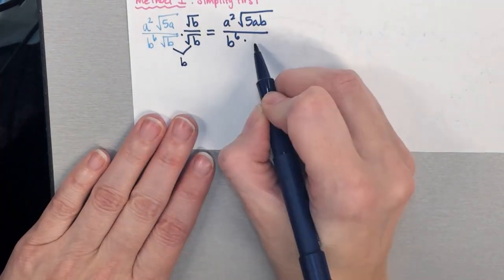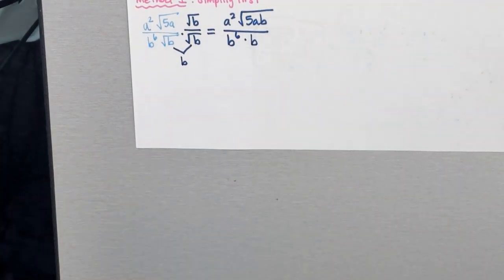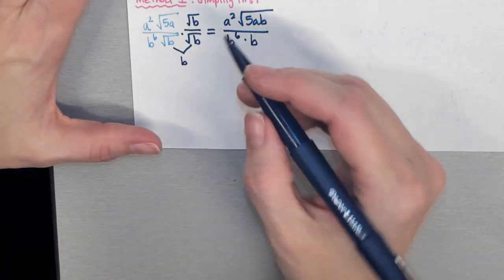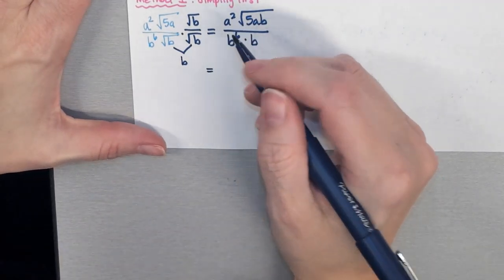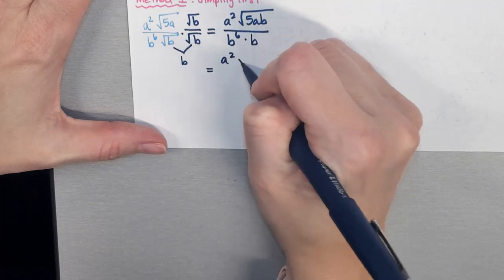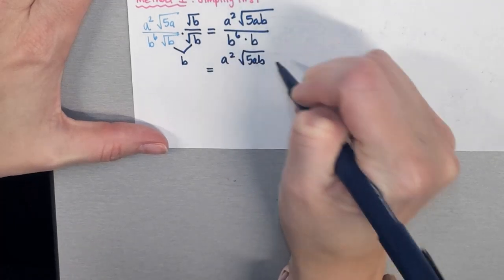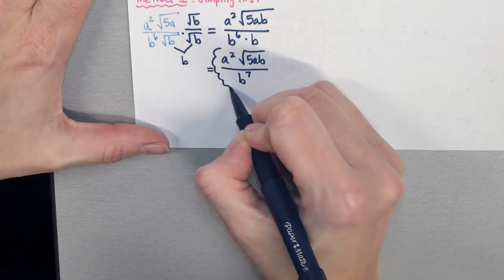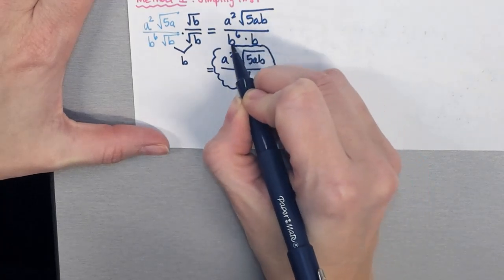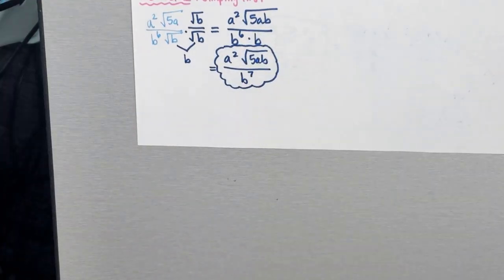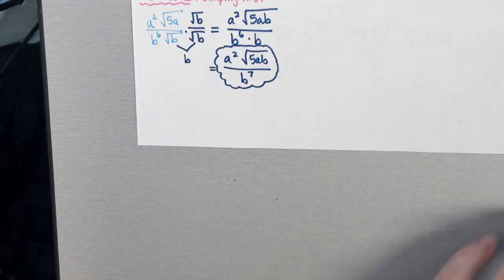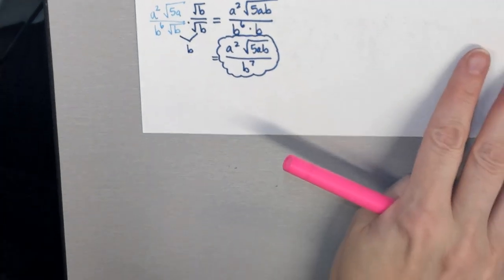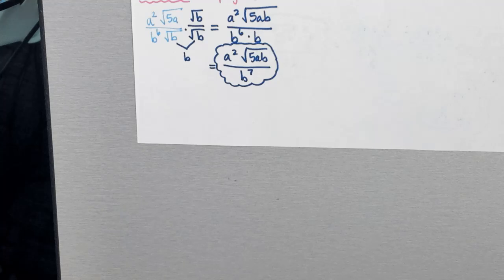You're going to get b. What's b to the 6 times b? B to the 7. Good. So this is going to be your final answer. Again, nothing to simplify because nothing is outside of the radical for us to simplify.